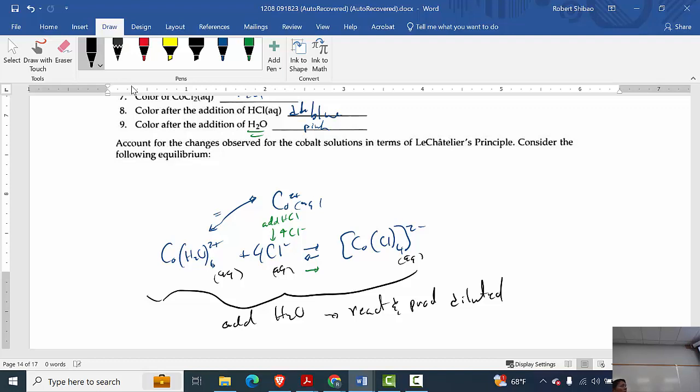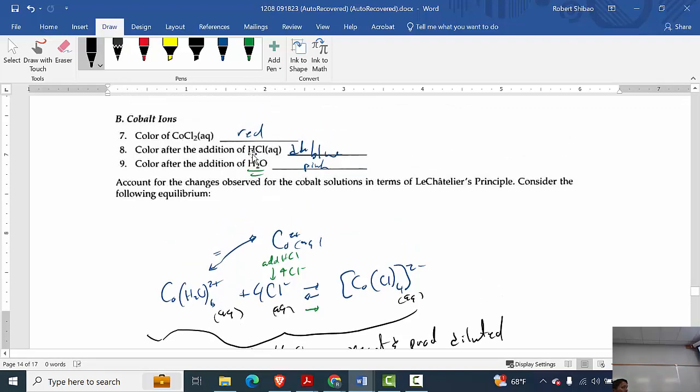And what happened to the color when you added water? Well, the color shifted back towards red.